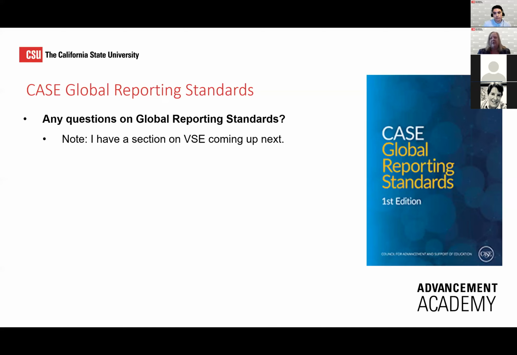Particularly with GDPR in the European Union, many more alumni are now tagging themselves as do not contact. And obviously when they're do not contact, you can't fundraise. So that's why the distinction was made. And thank you for catching that, Lori. I fumbled the words there.